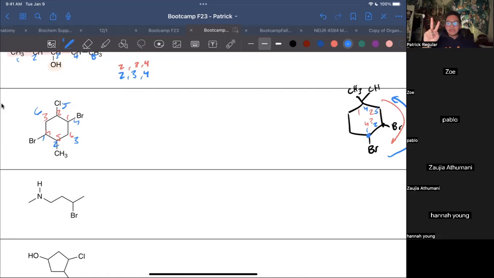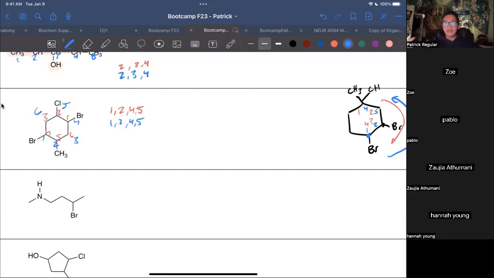The 2 numbering schemes I just did give bromines the lowest numbering because of alphabetical. But as you can see, both the pink and the blue give bromine 1 and 4. 1, 2, 4, 5. So how do I look at this?